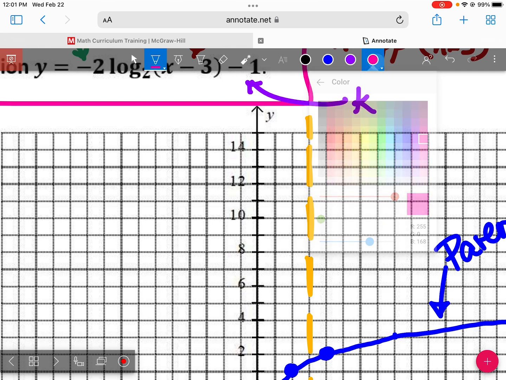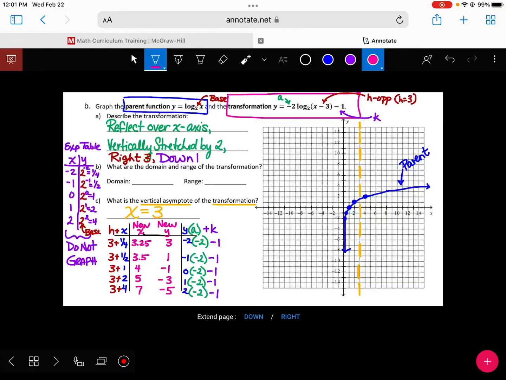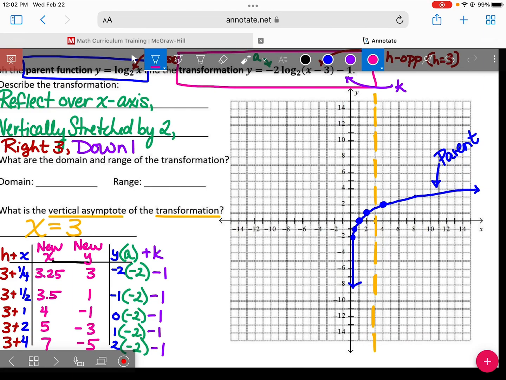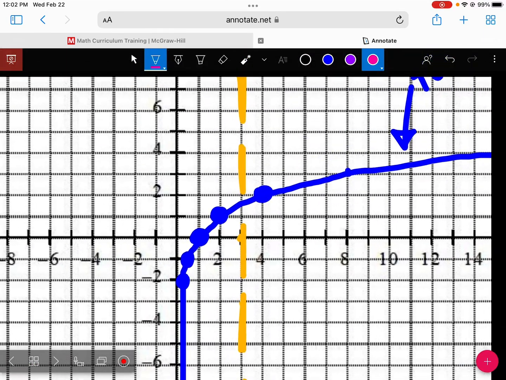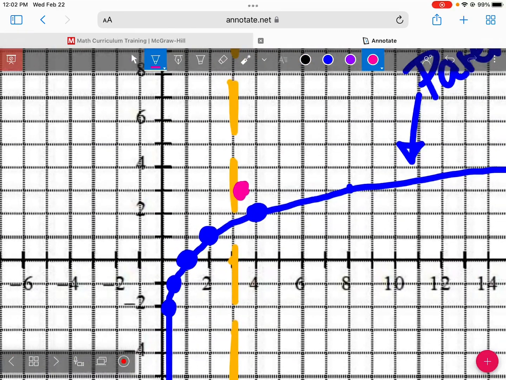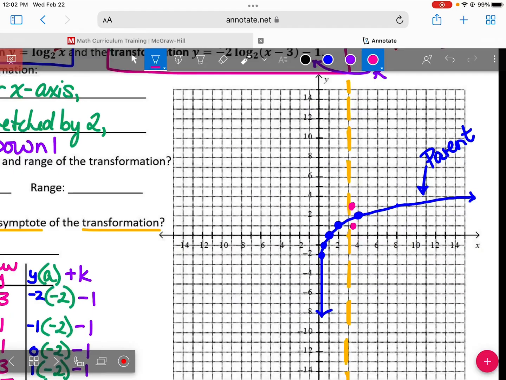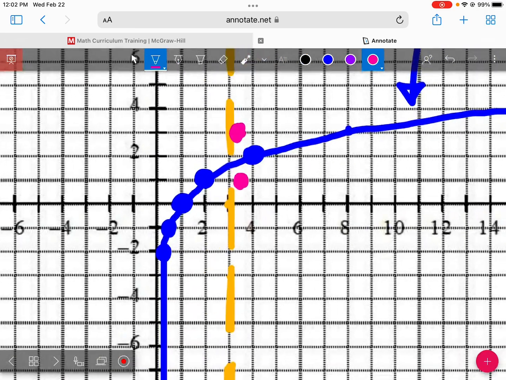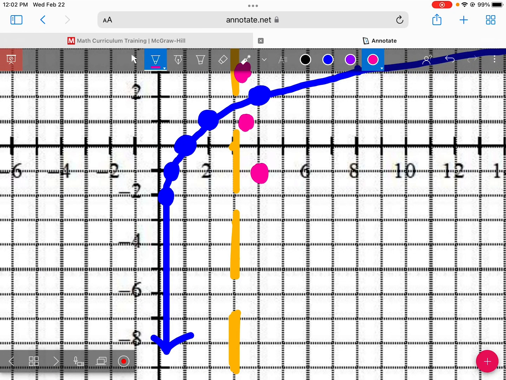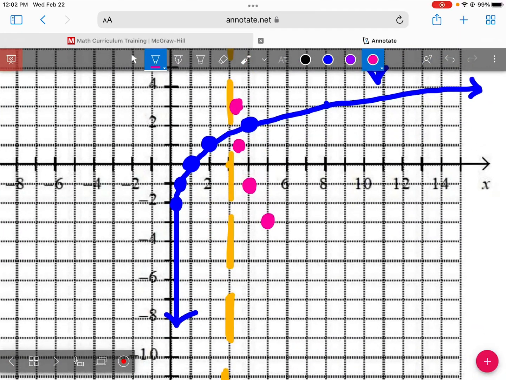And then I can plot my points. 3.25, 3, right here. 3.5, 1 would be here. 4, -1. 5, -3. And 7, -5.